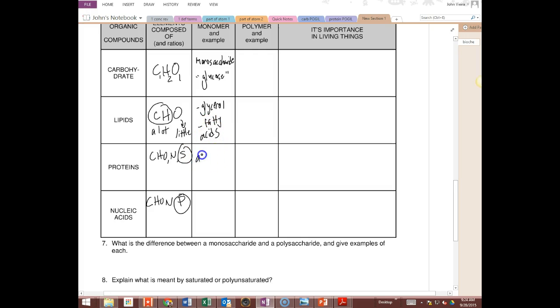Proteins, the monomers are? I'll give you an example. Glycine. It's the simplest one. You built one. Nucleic acids, the monomer is?